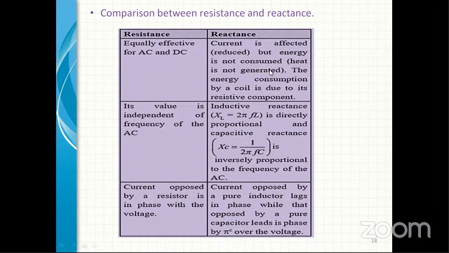That means heat is not generated, and the energy consumption by a coil is due to its resistive component, and then its value is independent of the frequency of the AC. Its value is independent आहे कशावर, फ्रिक्वेन्सी वरती त्याची व्हॅल्यू अवलंबून नाही.